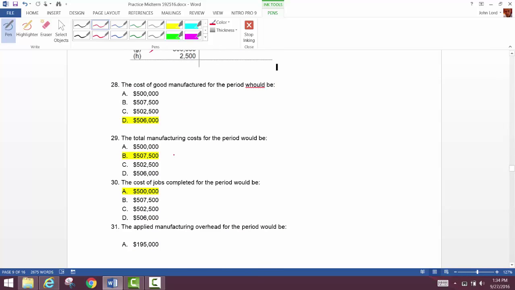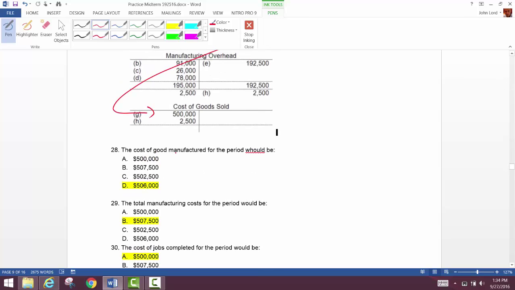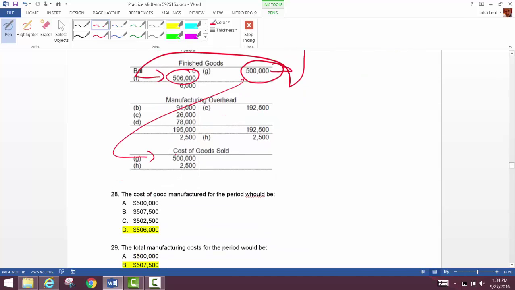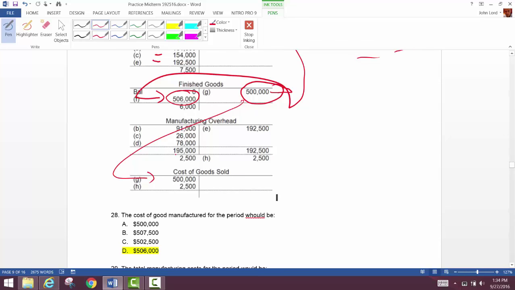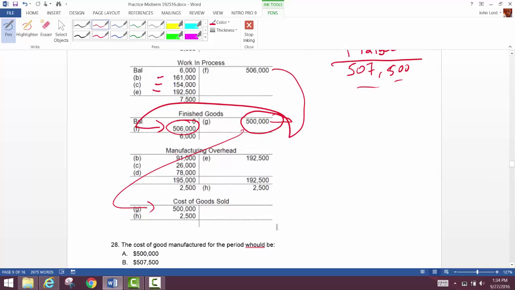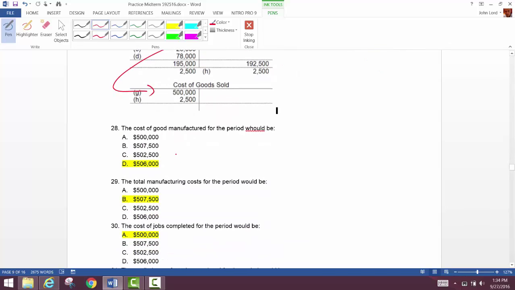That's the cost of jobs sold. That's cost of goods sold, isn't it? Cost of jobs completed should be 506, shouldn't it? These two terms should be synonymous.